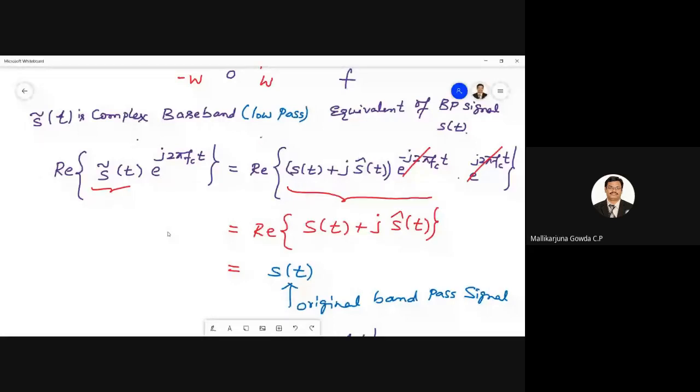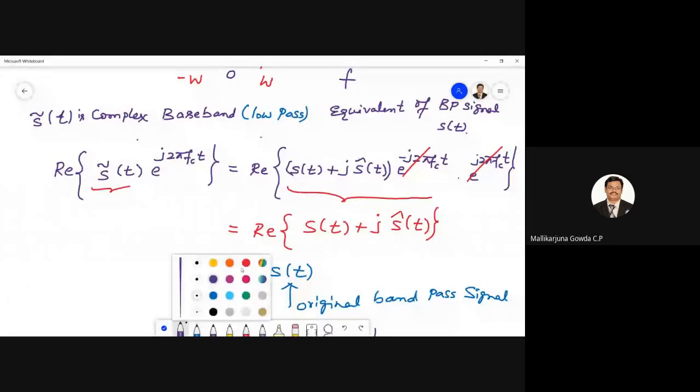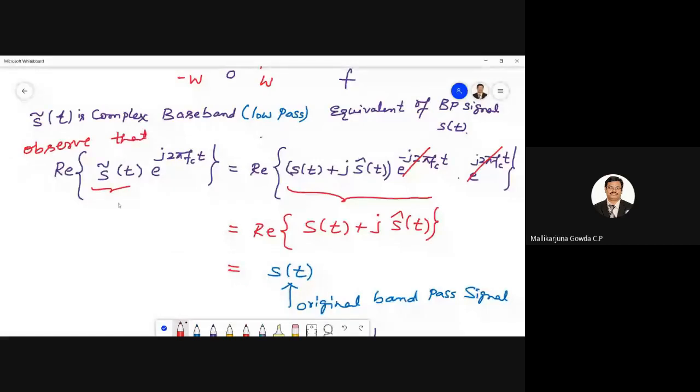Okay. What I can write here is, let me write here and observe that. See the real part of S tilde of t into e power j2 pi fct. I'm just writing this and I'm substituting the value of S tilde of t.